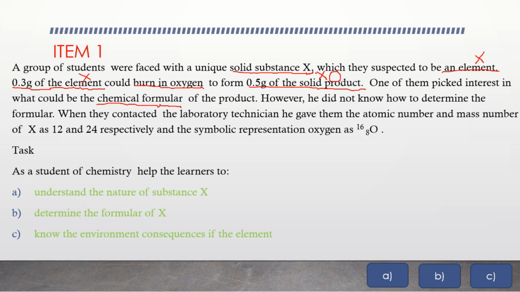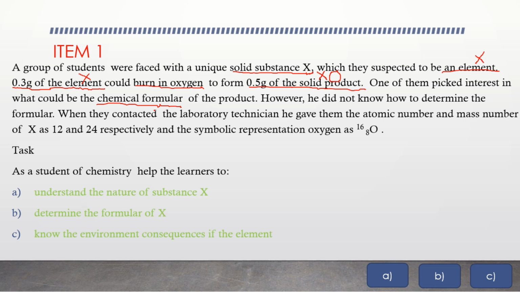Just call it X, even though you get to know that maybe X is calcium, X is sodium. Don't talk about sodium, even if you've gotten to know that. Just continue calling it X until they tell you what the name of X is.